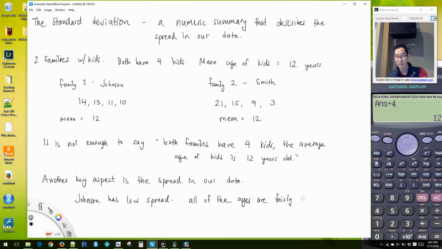And the Smith family has high spread. The ages are quite different from each other.